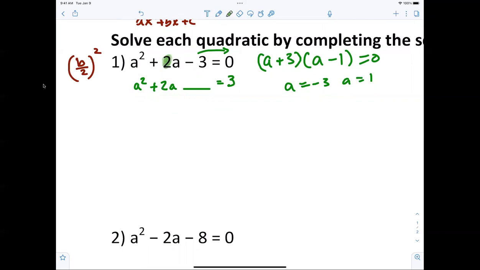Now, what's half of 2? 1. What's 1 squared? 1. So off to the side, 2 divided by 2, squared, equals 1. That number 1 goes right here, plus 1 on both sides.